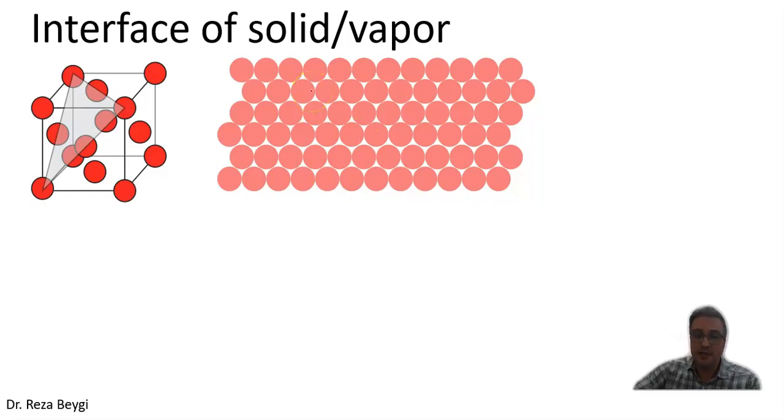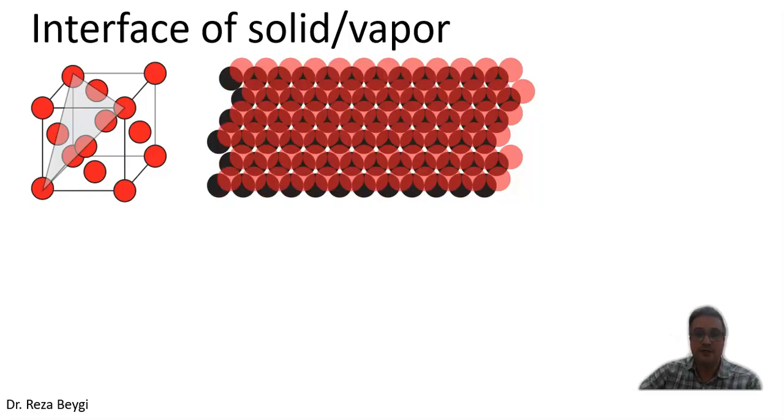The plane that is under this crystallographic plane is shown by black atoms. The atoms are placed in these holes between these atoms on the other side of this plane, in the lower side, and the black atoms are placed in these holes.